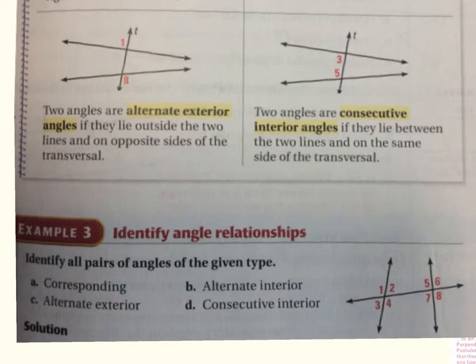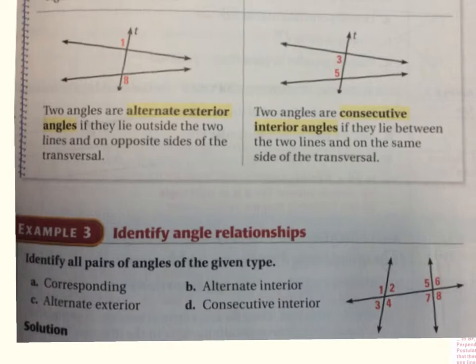Okay, so we're going to go ahead and do example 3 here. This illustration is very similar to what we just had. It's just turned on its side, basically. But you're just identifying the different types of angle relationships here. So for the corresponding angles, you're looking for them to be in the same position. So angle 1 and angle 5 would be the first set.